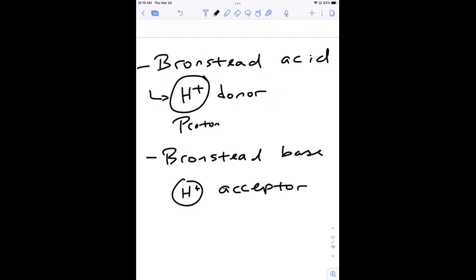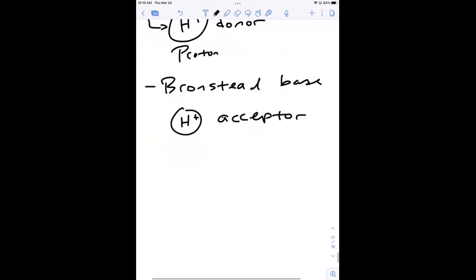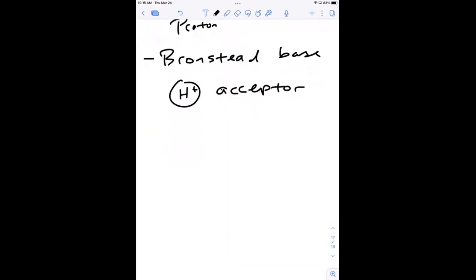If you're doing an acid-base reaction, one of your reactants has to be the acid and one has to be the base, so that there's a way to tell those apart. And we're going to talk about that shortly, right? So in any acid-base reaction between a Bronsted acid and a Bronsted base, a proton is transferred from the acid to the base.